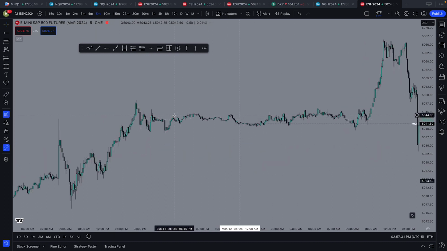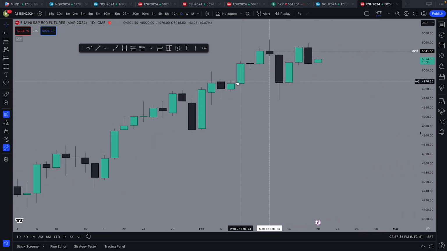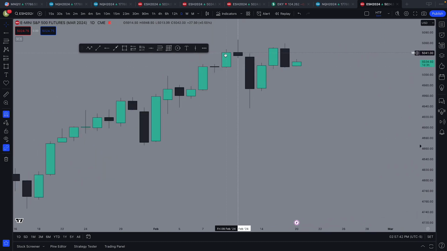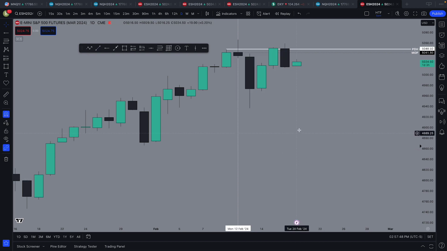Now we have back here, I always like to mark out previous day's highs and lows. So in this case here, our previous day high was there. And since we are looking in hindsight, we could see that this low did not come into play until Tuesday, so I'm going to leave that off for now.